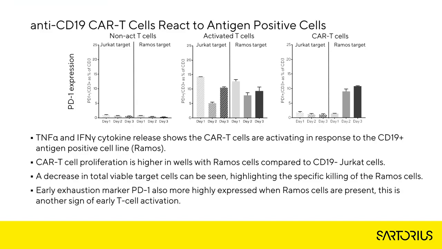Early exhaustion marker PD-1 is also more highly expressed when Ramos cells are present. This case study helps to identify an alternative use of the T cell exhaustion kit, highlighting that it can be used to first identify activation of effector cells before later time points identify the exhaustion of cells by decreased cytokines and increased late exhaustion marker TIM3.